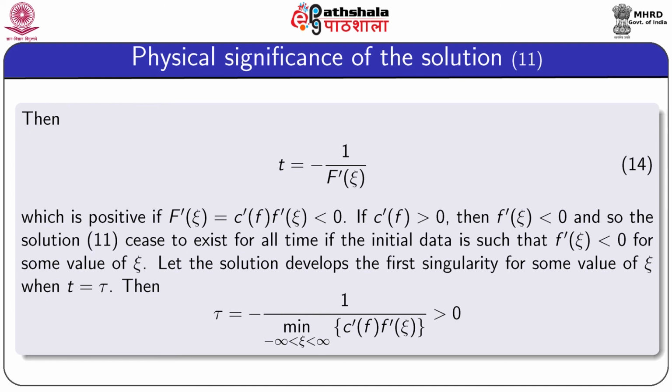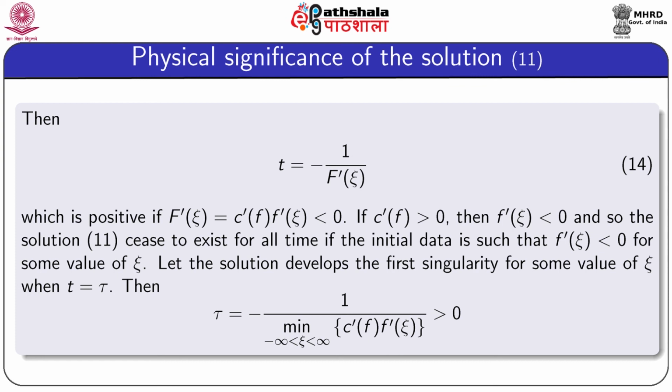Let the solution develop the first singularity at some time t equals tau. So, for tau we have tau equals minus 1 divided by f dash xi. Since at time t equals tau the first singularity develops, the value of f dash xi must be numerically largest.